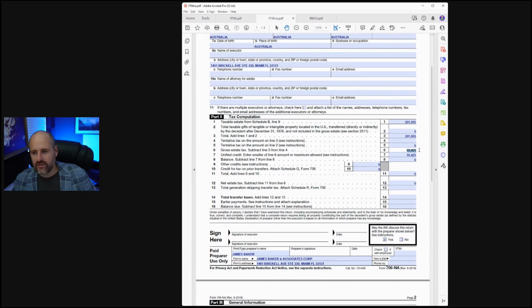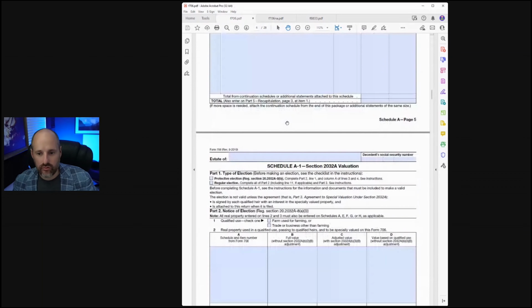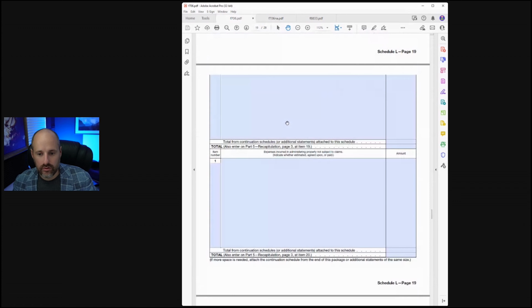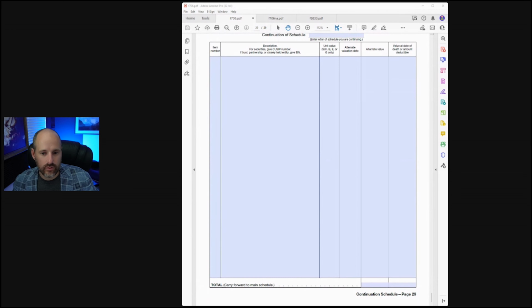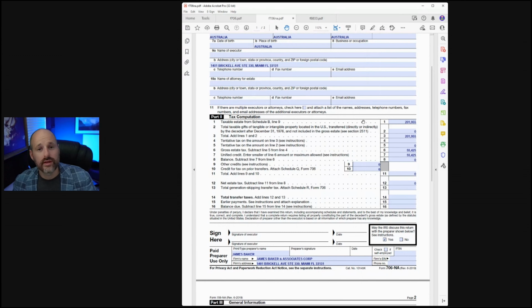The gross estate tax is $55,000 on this, and we have to go to the instructions for Form 706, the actual form. I didn't download those. You can Google search Form 706 to calculate the tax.